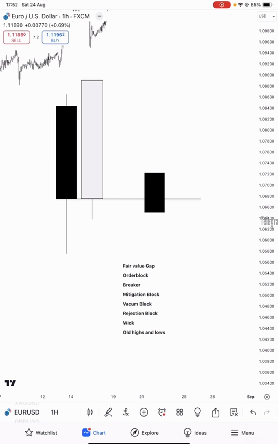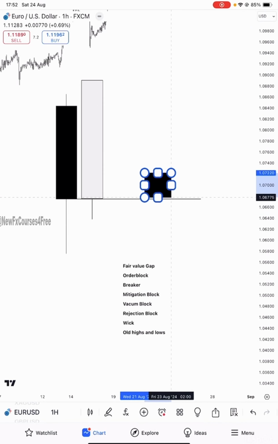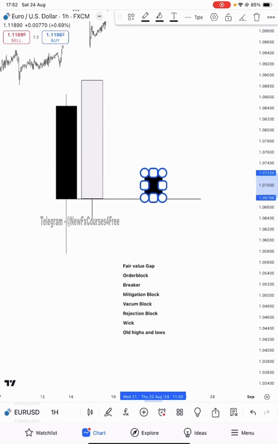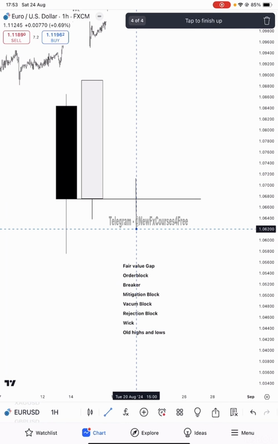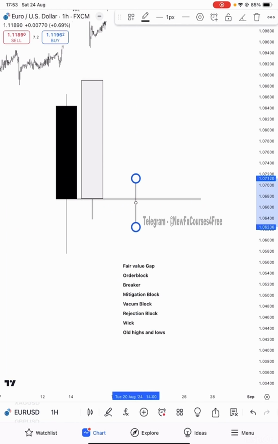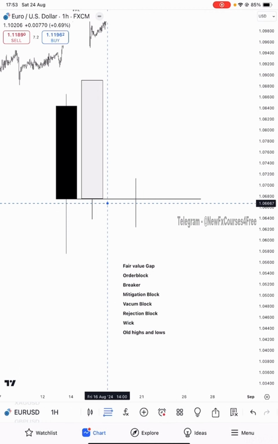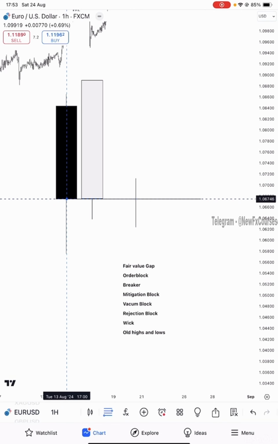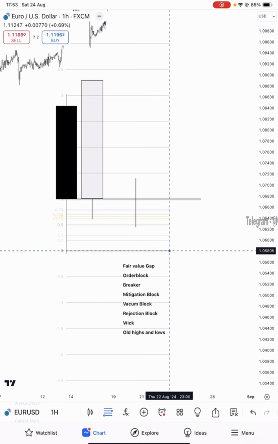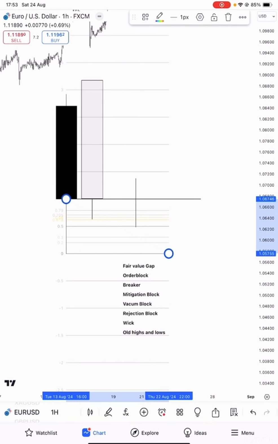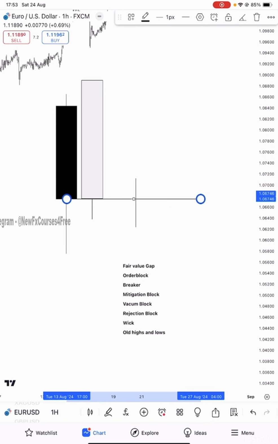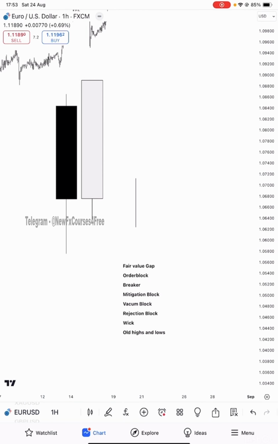So the key level is the rejection block itself, and if a body closes below a rejection block, it becomes another block. So body should never close below this. This should be a very sensitive level. Usually wicks can reach the 50% of the wick, and that's another key level. A wick is a gap, and so the 50% of a long wick is a key level.